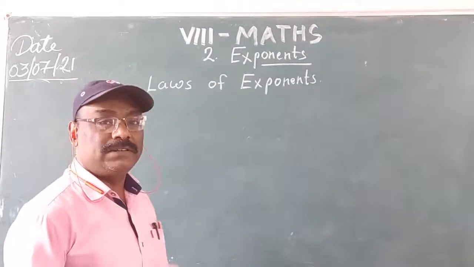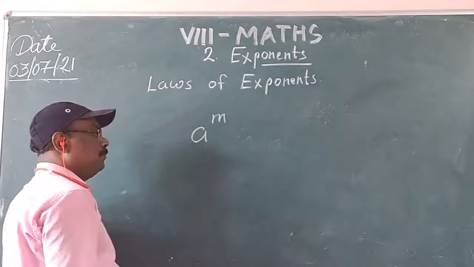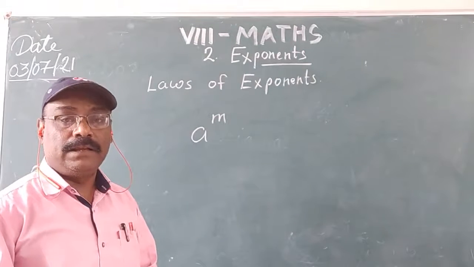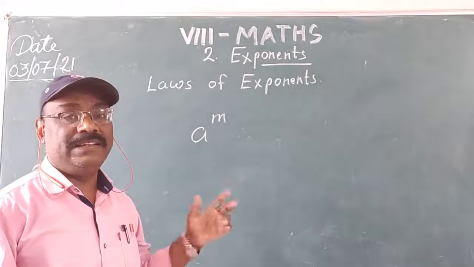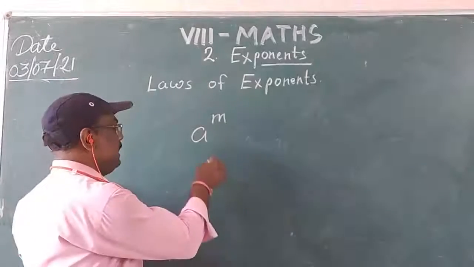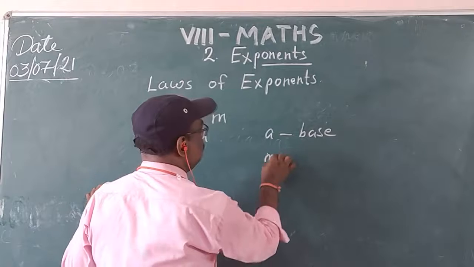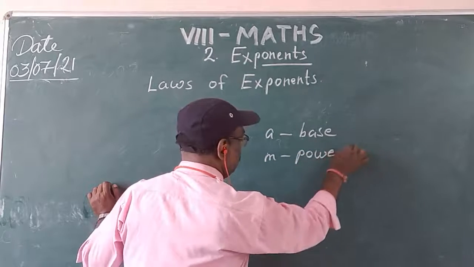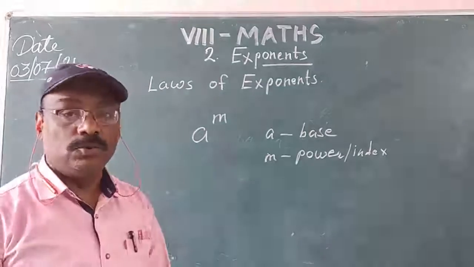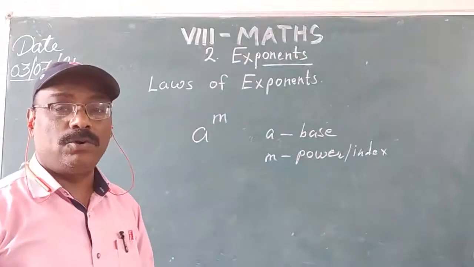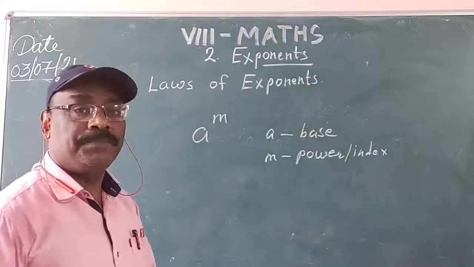You might have learned in previous classes, suppose I have written here A and here I have written M. It is read as A to the power M, or A exponent M, or A index M. Here A is the base and M is the power, or as I told you, index or exponent.